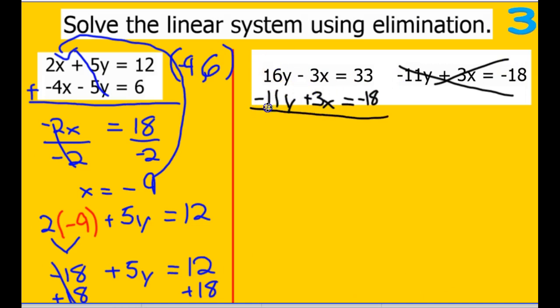So if we look at our two y's, 16y minus 11y, those two aren't opposites. But negative 3x and positive 3x are opposites, so we can eliminate those. So what we're left with then is 16y minus 11y, which is 5y, equals 33 minus 18, which gives us 15. 33 minus 18, sorry.